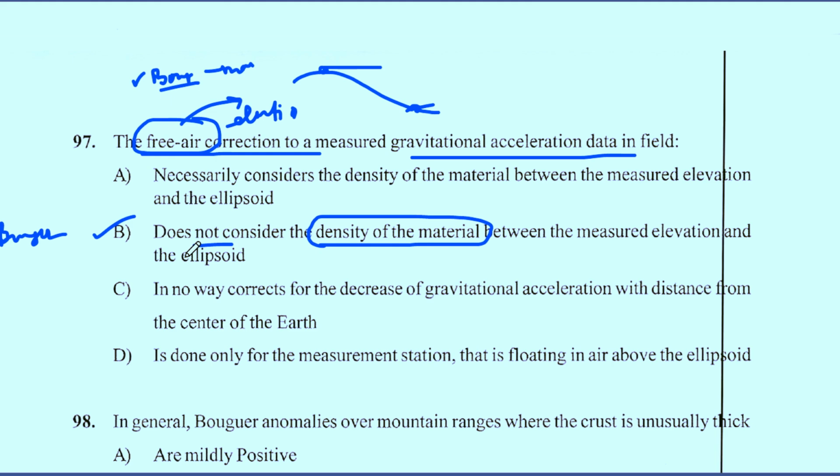If it considers the density of material, then it is Bouguer. Next is between the measured elevation and the ellipsoid. Density of the material is not considered. So our right option is this one.